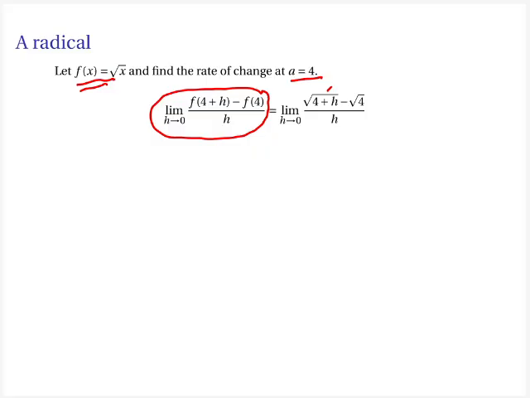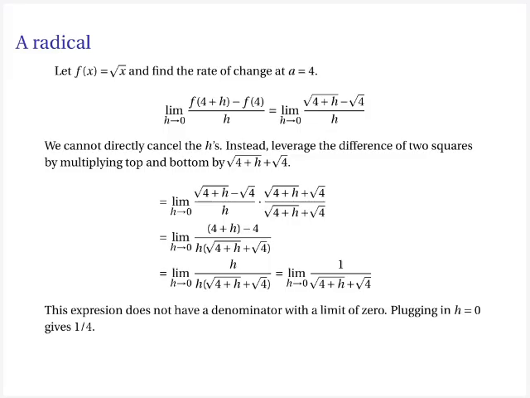Okay, so instead we're looking to do some algebra, but it's not the obvious thing. It's more complicated. That's why it's the last example. I have a square root of 4 plus h and a square root of 4 with a minus sign between them. I'm looking to somehow arrange to get the h out of there so that I can cancel with the h on the bottom.